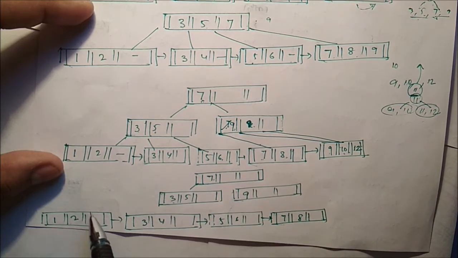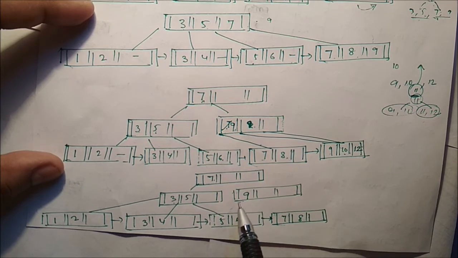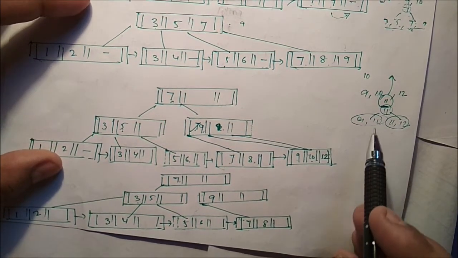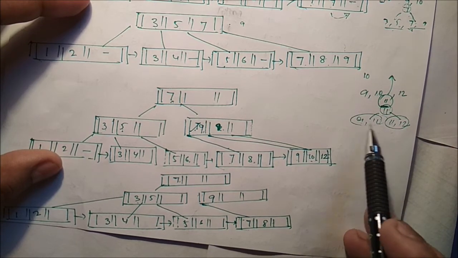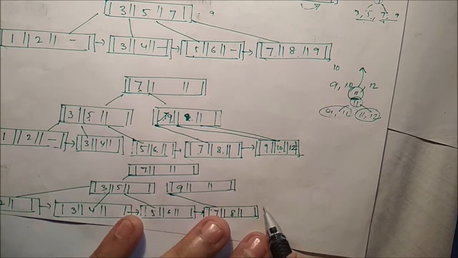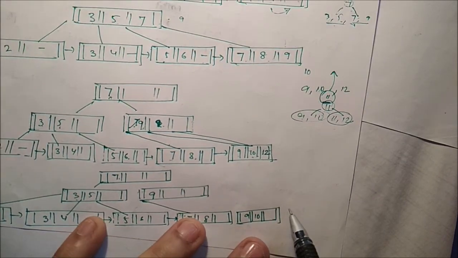Now the connection is with 3 here, here. And you have to connect this one like this way, and here to split this into two nodes, 9, 10 and so here we need two more nodes here. So here 9, 10 and 11, 12.